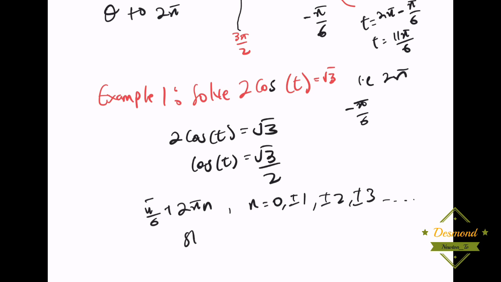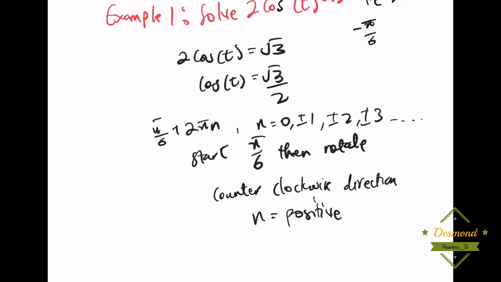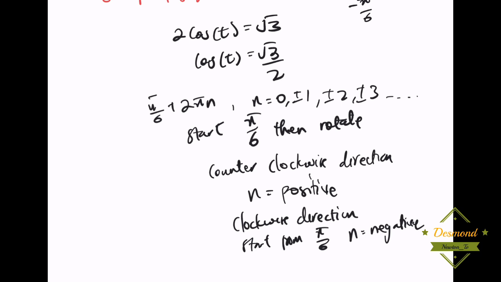So you start from pi on 6, and when you rotate counterclockwise, n is positive, and when you rotate clockwise from pi on 6, n is negative.